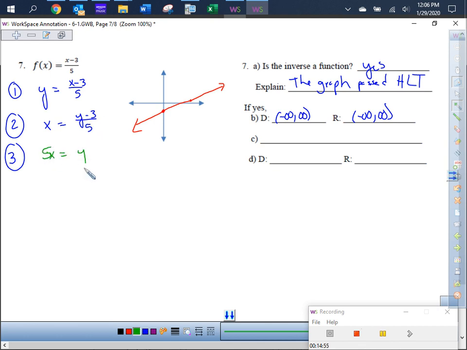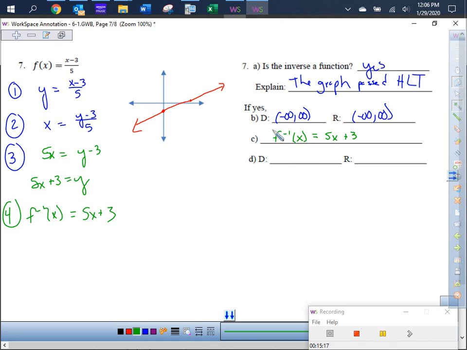So that'd be 5x equals y minus 3, and then you just add 3, so 5x plus 3 equals y. And don't forget step 4 is switch y to f inverse of x. So nice. F inverse of x equals this.